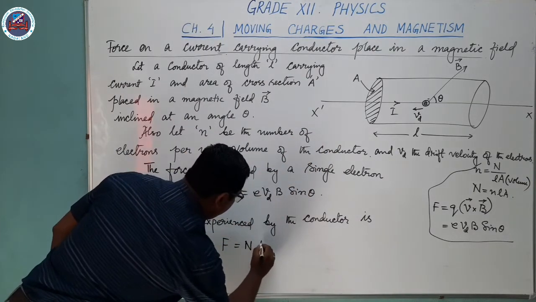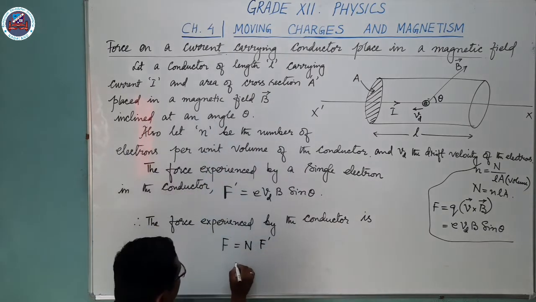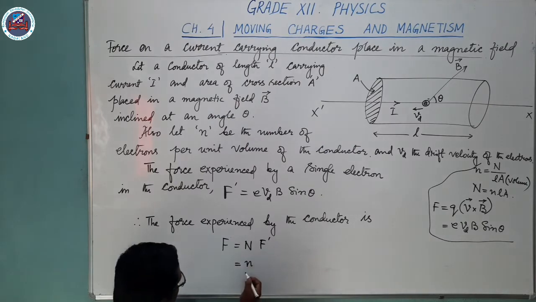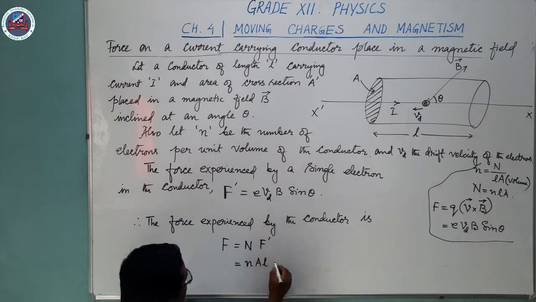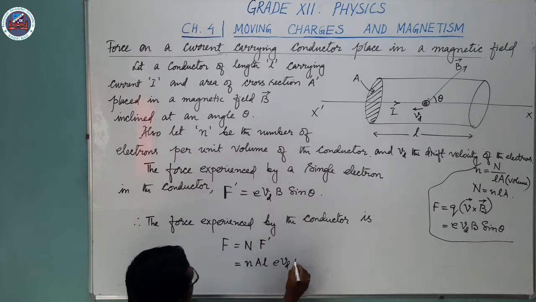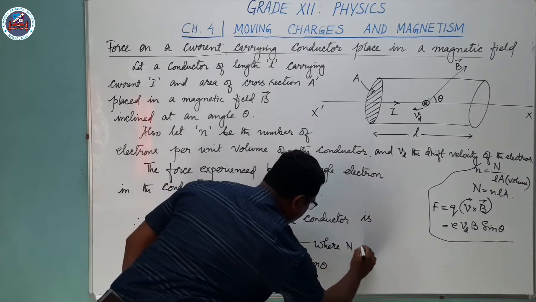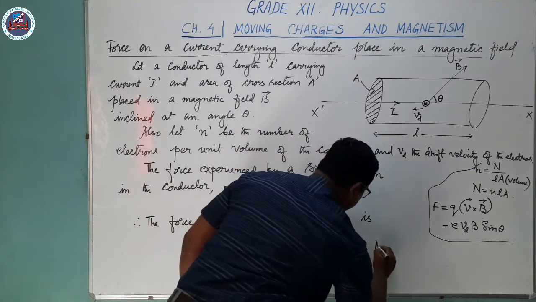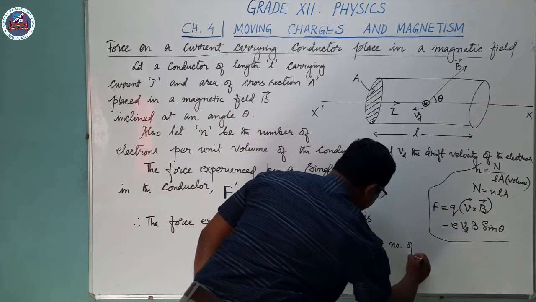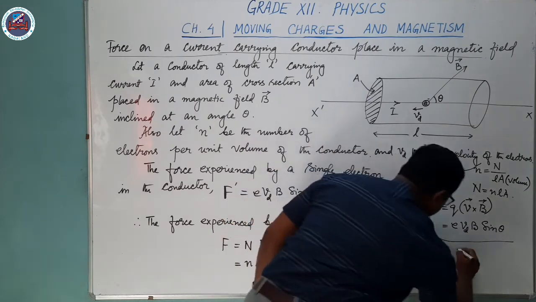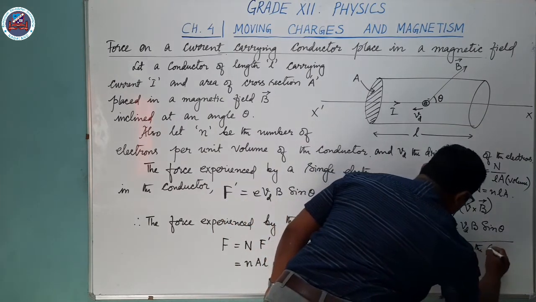Then N, the number of electrons, is n times A times L, and F dash is e Vd B sin theta. Here you can write and keep, where N is the number of electrons in the conductor.